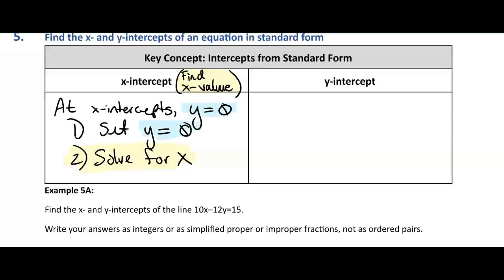Because I know at x-intercepts y equals 0, I'm going to start by setting y equal to 0. And then because my goal is to find the x-intercept, which is the x value at the x-axis, I'm going to solve for x to find that x value.